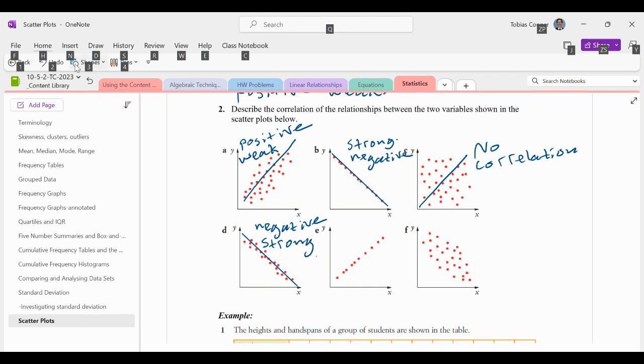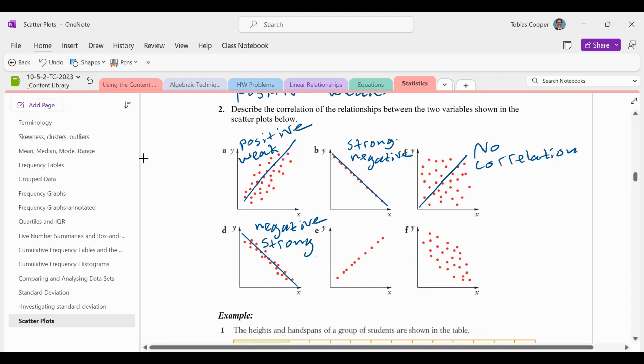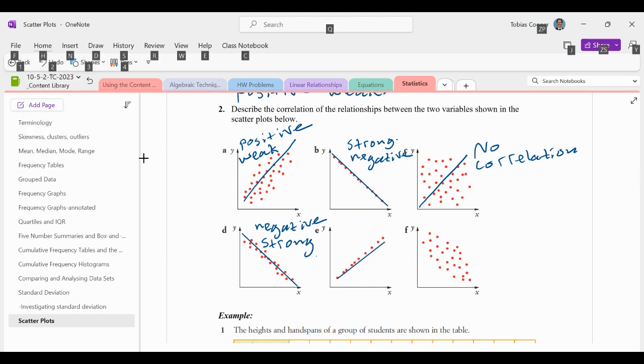Now the next one, well, these points you'd say are strong. It's positive because it goes up from left to right, so positive, strong, right? Now you could also say that this is actually perfect correlation, isn't it? Perfect linear correlation because they all lie in a straight line, exactly on the line. So perfect positive correlation.